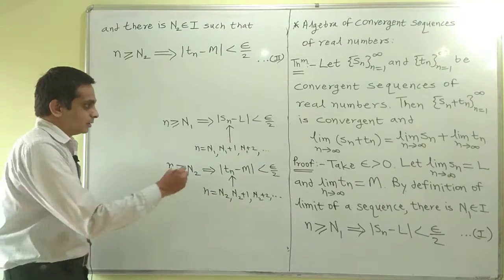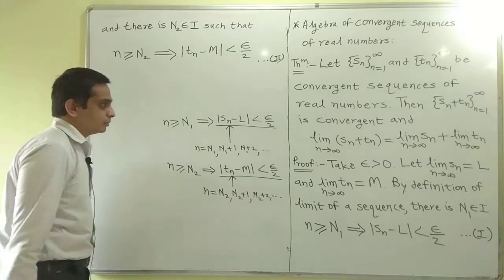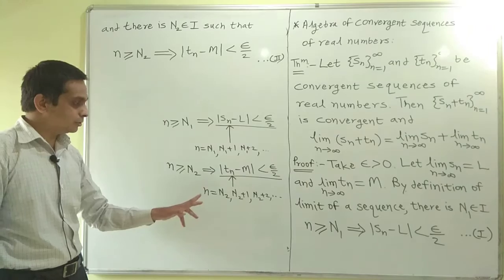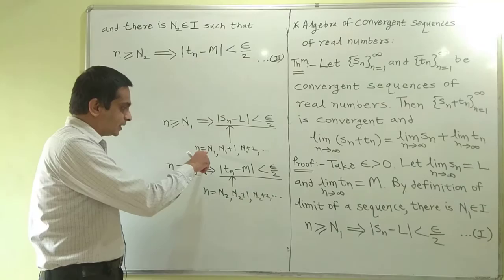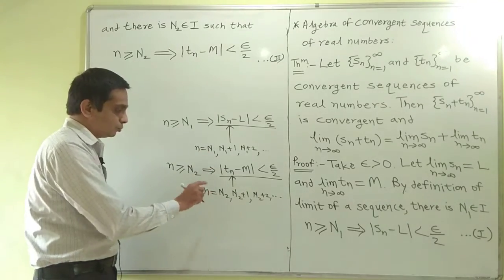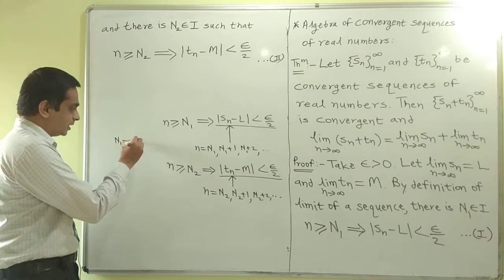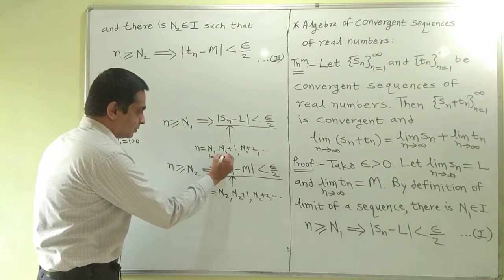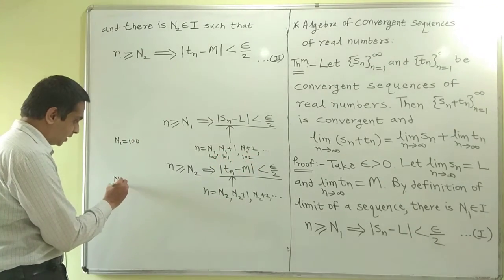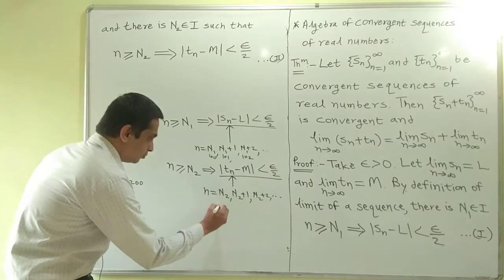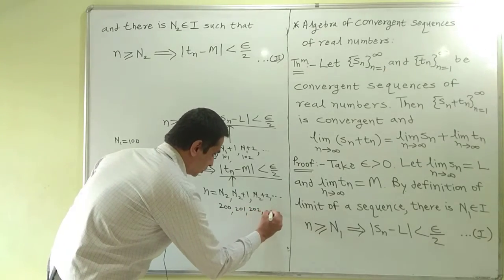Now I want these statements to hold simultaneously. So I can select any number which is greater than or equal to n1 and n2. For example, if n1 is say 100, then these values will be 100, 101, 102 and so on. If n2 is say 200, then these values will be 200, 201, 202 and so on.